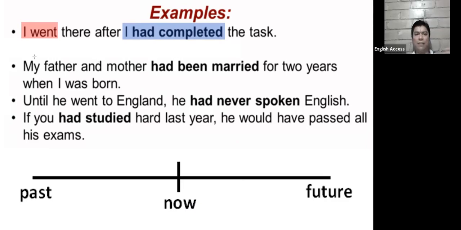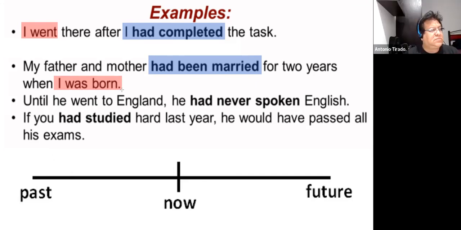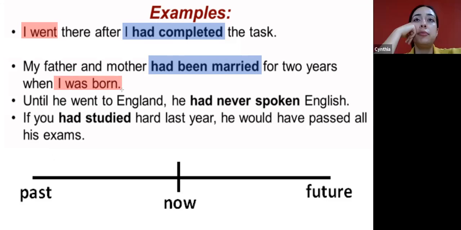Next: my father and mother had been married, past perfect, for 2 years when I was born. What is the most recent event? I was born. And the older event? Had been married. Good.